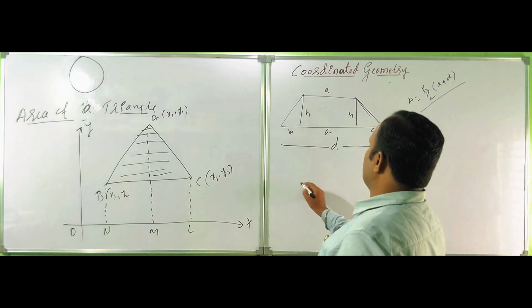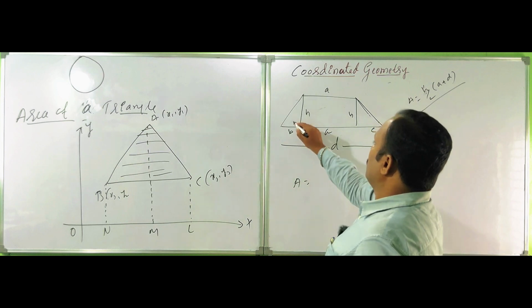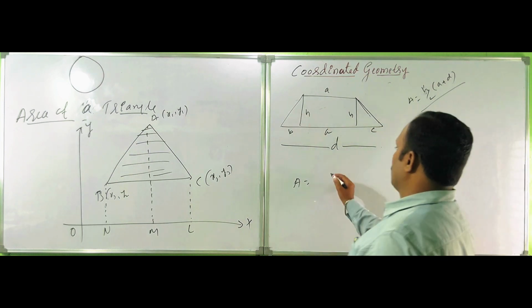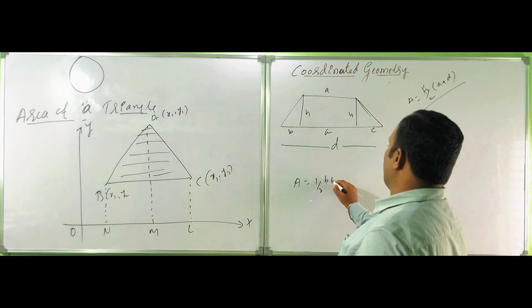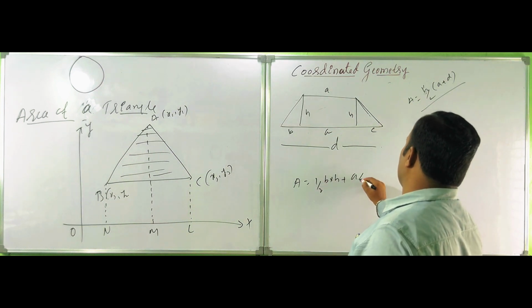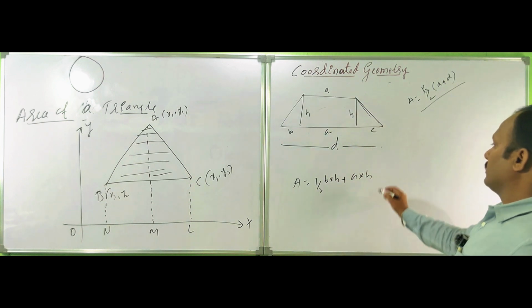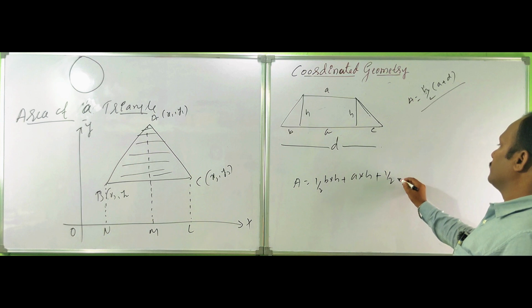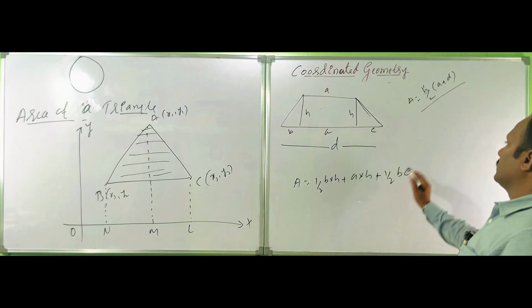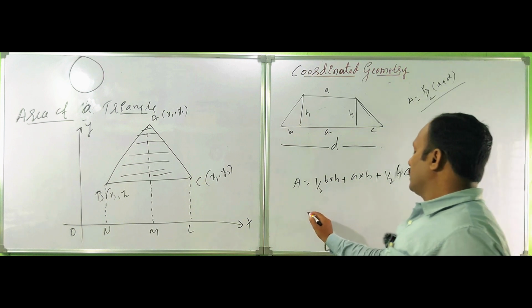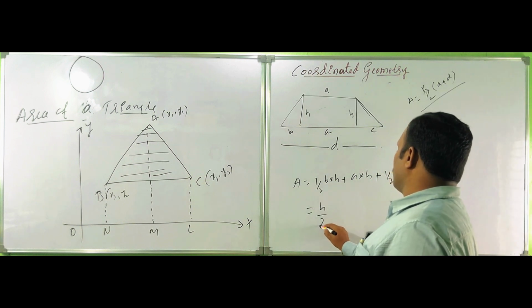Let's see how the derivation works. The area is the sum of two triangles and one rectangle: 1 by 2 B into H, plus A into H, the area of the rectangle, plus 1 by 2 C into H. Take H and 1 by 2 outside.